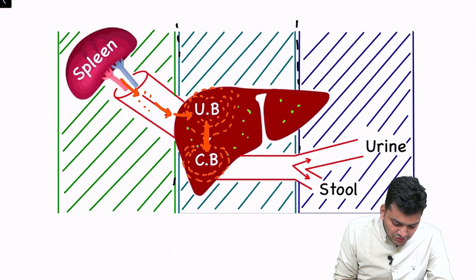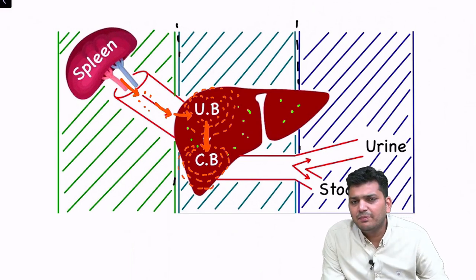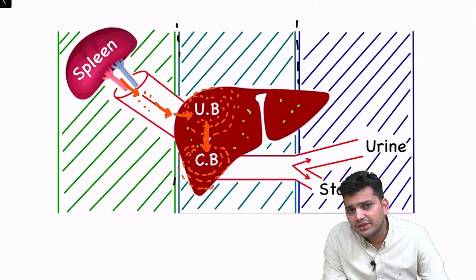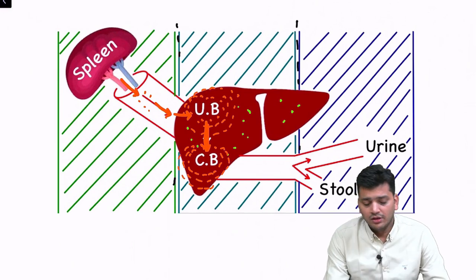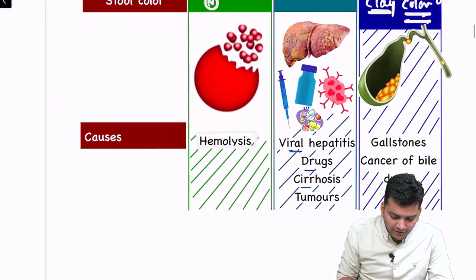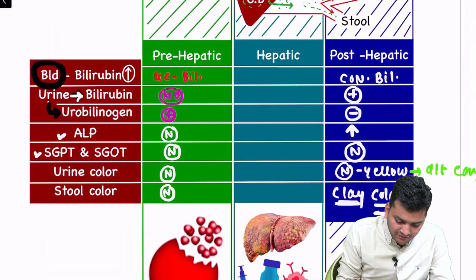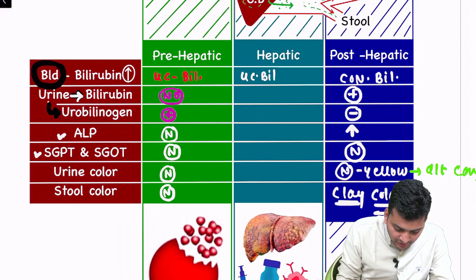So in the hepatic causes, there can be an increase in the unconjugated bilirubin and an increase in the conjugated bilirubin, both. Just remember this very importantly: we can have an increased level of unconjugated bilirubin and conjugated bilirubin, both.